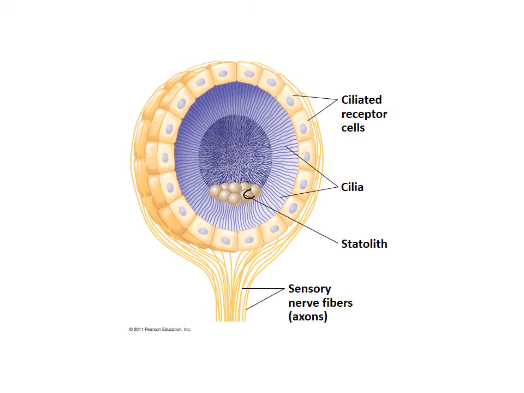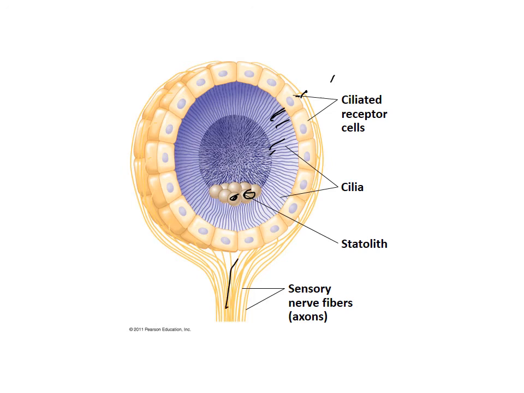These are tiny rocks sitting inside a little ball of cells. You can see these are receptor cells with little hairs sticking out. Because these little stones sit on them, when they move, they give information.